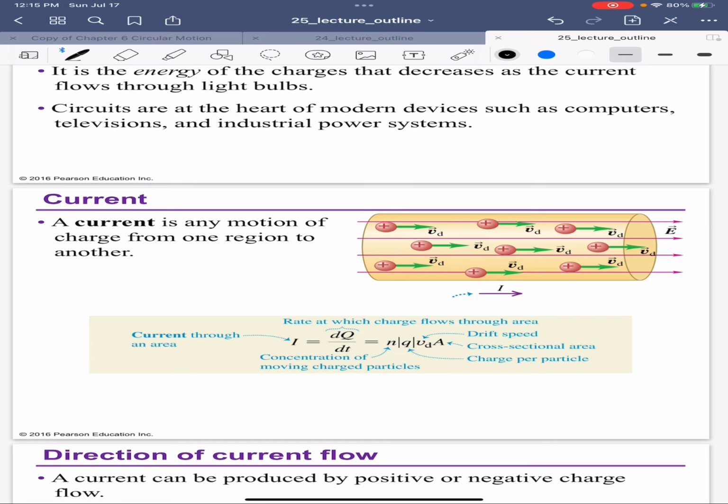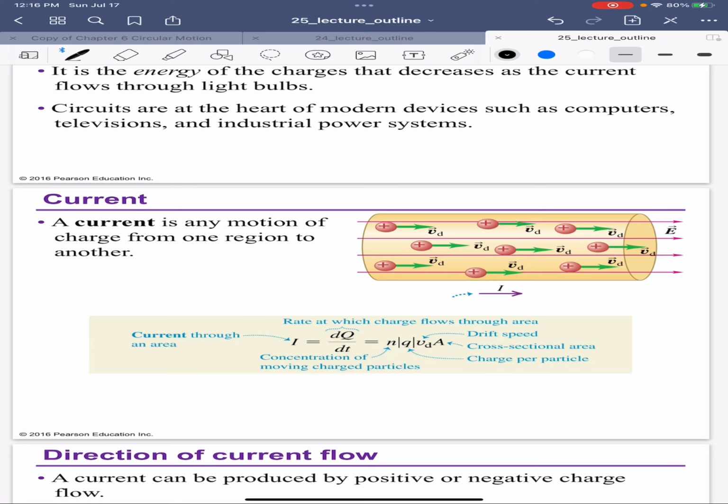One thing that we need to understand is that what is actually flowing is not the positive charges. These are really the electrons, which are the current carriers. But for simplicity, we are going to use the direction of the positive charges.